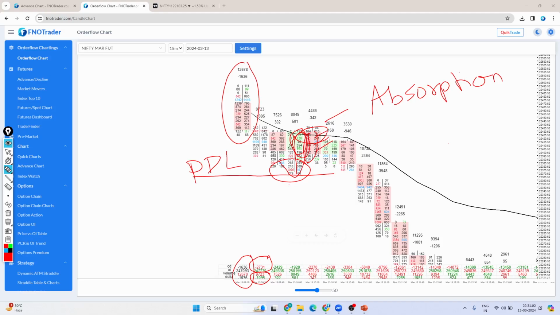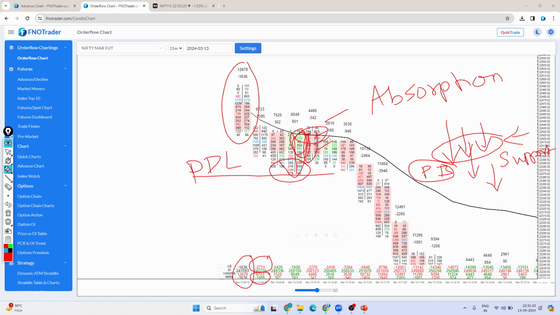You know that aggressive selling has happened, but the price is not going any lower. It started consolidating here. What that means is there is a lot of passive buying happening at this particular point, which is going to be your support zone. Okay, now you are getting it. You can actually watch in real time how passive buying is happening.